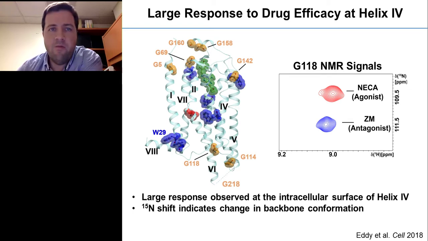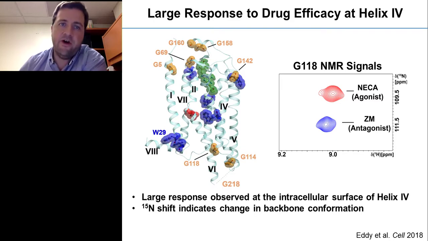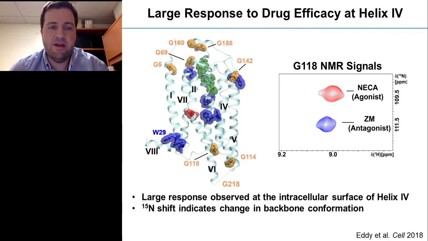What was one of the more interesting observations, again, was for glycine 118, located at the intracellular surface of helix 4. We saw large changes in chemical shifts for the signals for glycine 118, indicating differences in the backbone conformation locally near glycine 118 that depend on ligand efficacy.